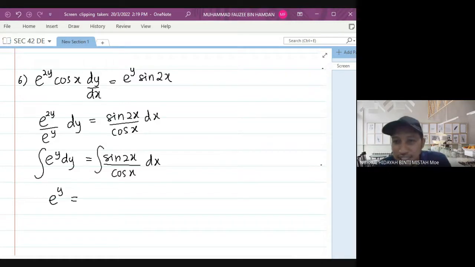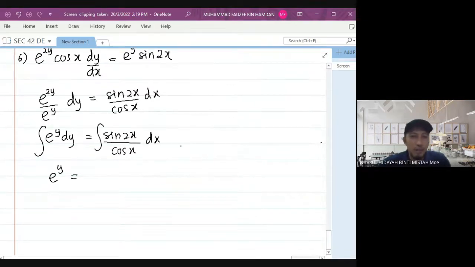It's easy for whoever says to take the 2 out, Najib. You take 2 out? How can you take it out, Jib? It can't become like this, Jib. 2 sin x, Jib? Wrong, Jib. Everything inside the sine or the cos or the ln, the tangent, you cannot simply take it out. Don't just take it out.